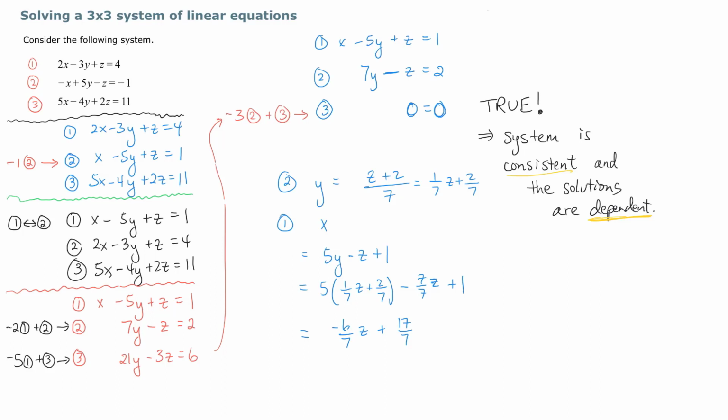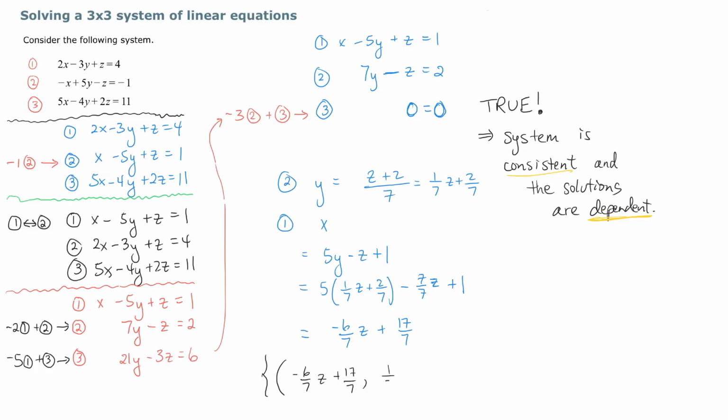Let's write our set of solutions. We have our final set of solutions. It's going to be the set of ordered triples of the form negative 6/7 z plus 17/7, comma. Where's our y?